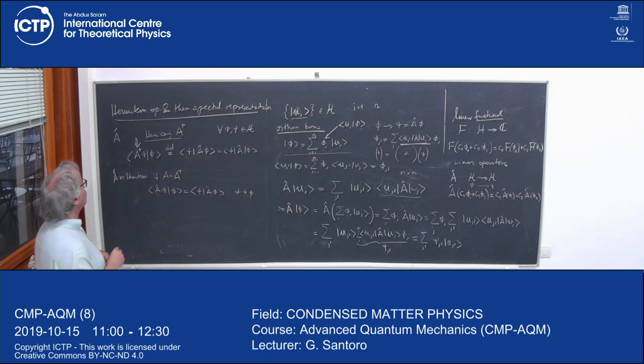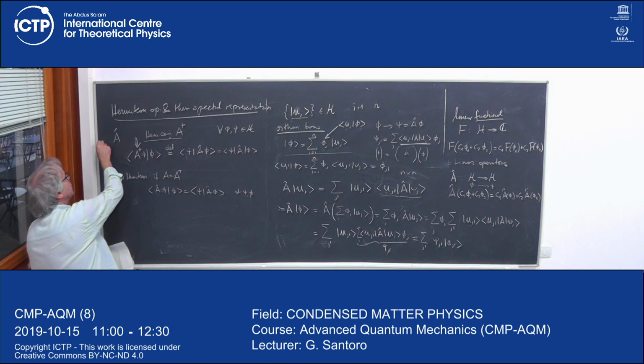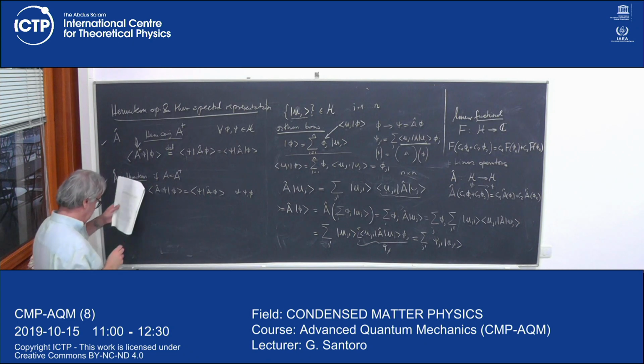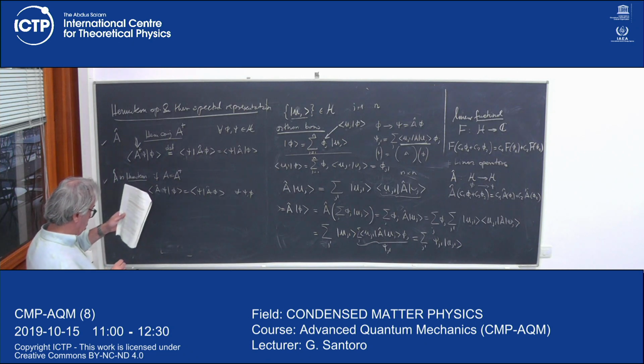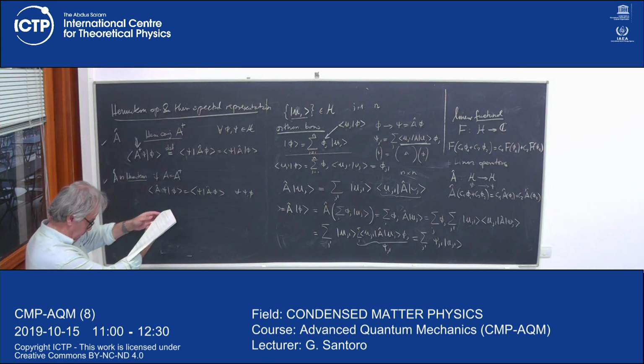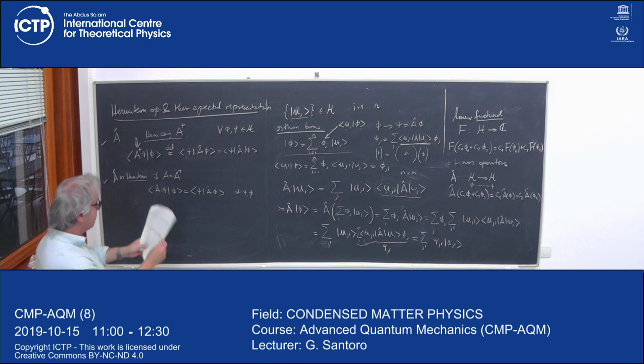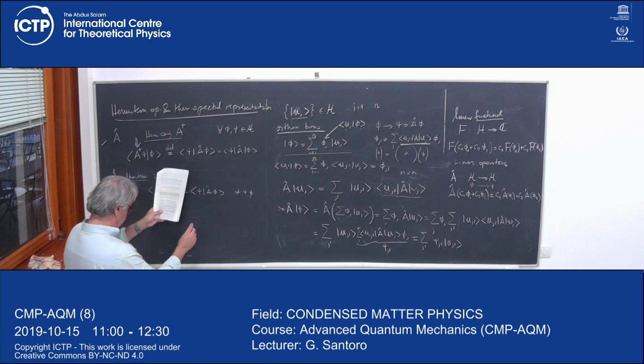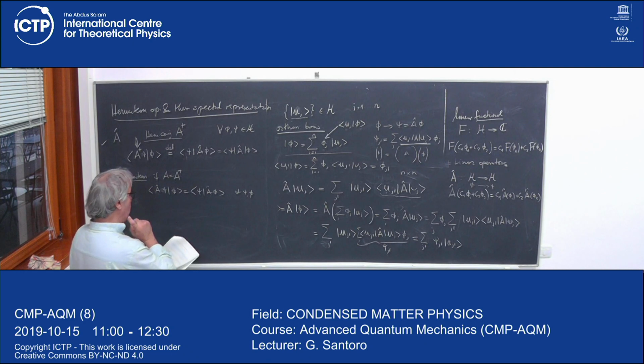Good. So this is the Hermitian conjugate, and this is an operator that is Hermitian. I want to show you two useful properties. The first is the following. First of all, let me rewrite this in the following way.